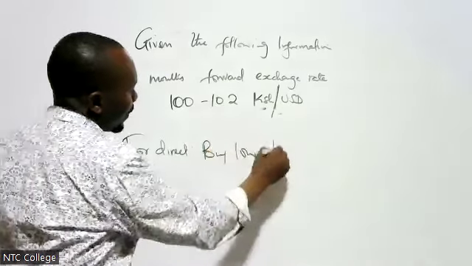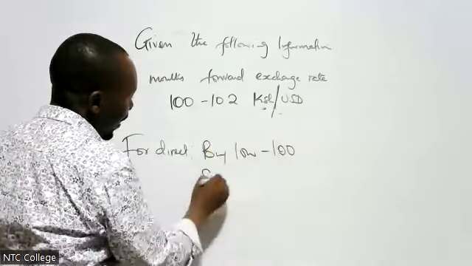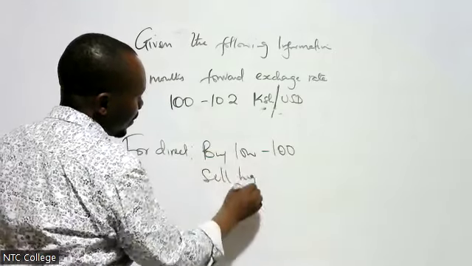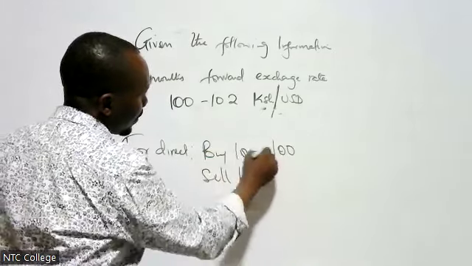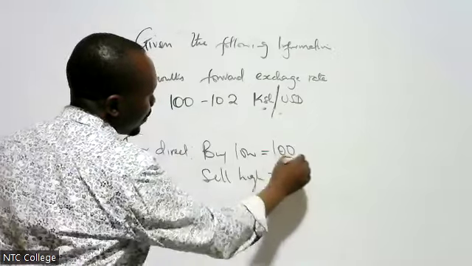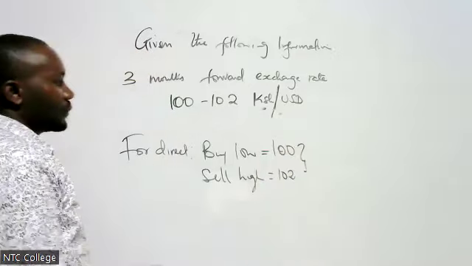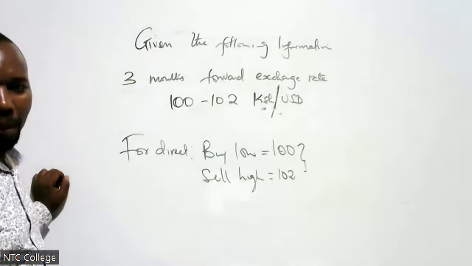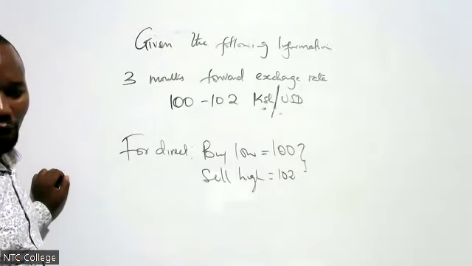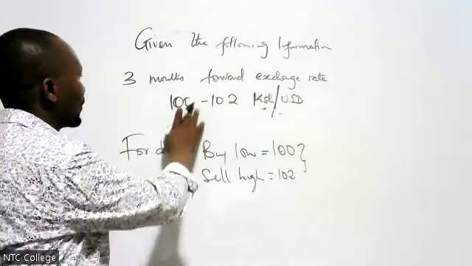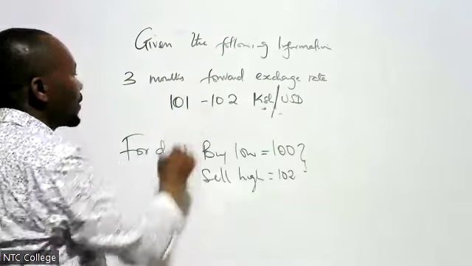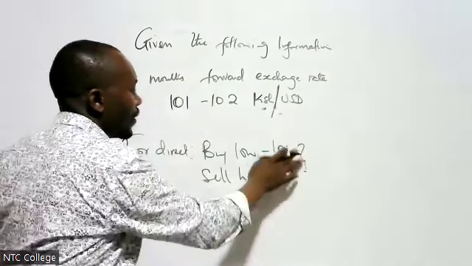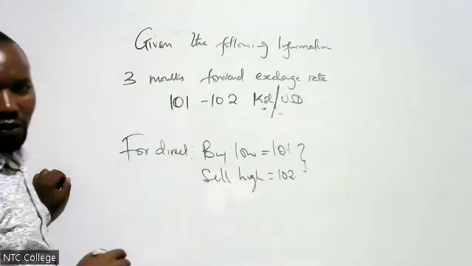Buy low, which is 100. Sell high, which is 101. We said that the role of the bank in this situation is to do what?